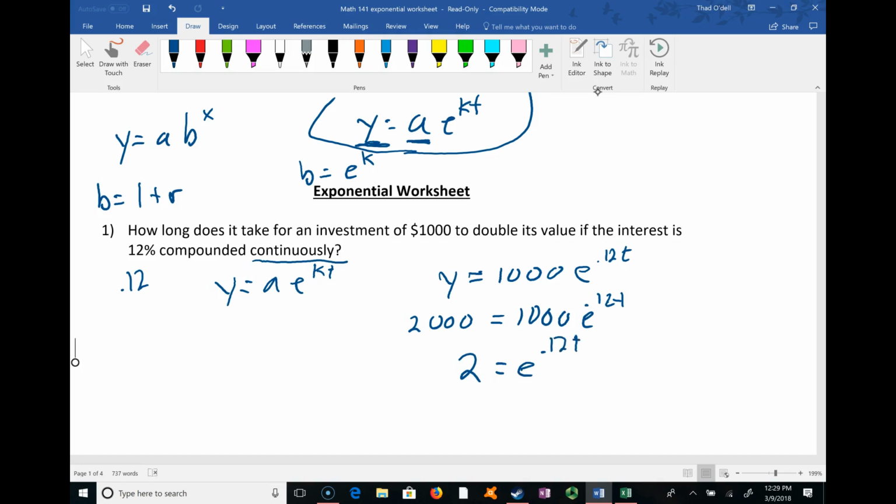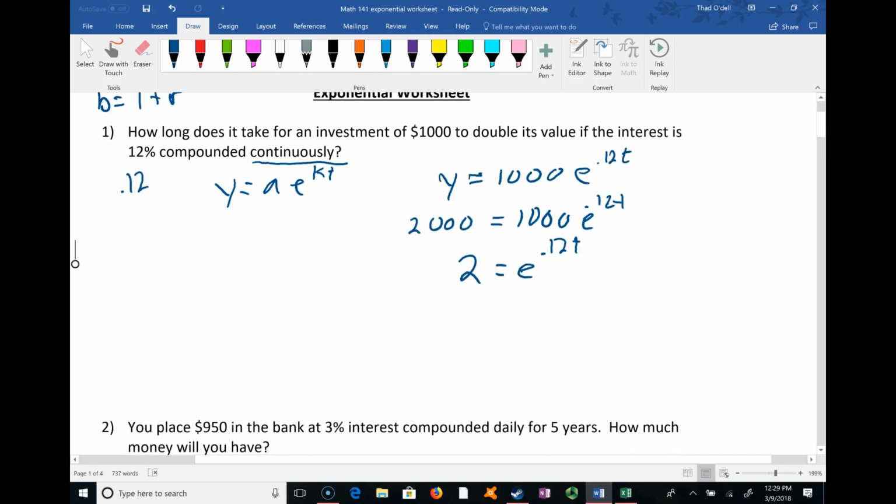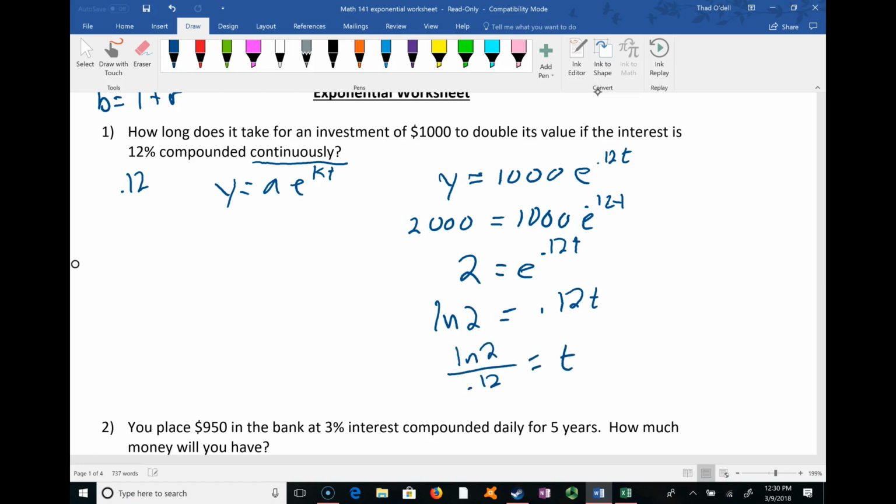And then to solve this, you take the natural log of both sides. So that'd be natural log of 2 is equal to 0.12t, because the natural log and the e cancel each other out. And then I would just divide both sides by 0.12, so I'd have the natural log of 2 divided by 0.12 is equal to t.